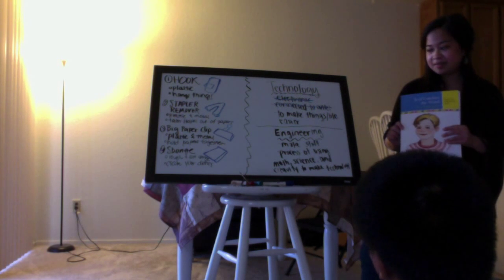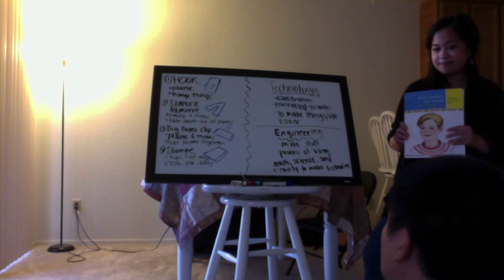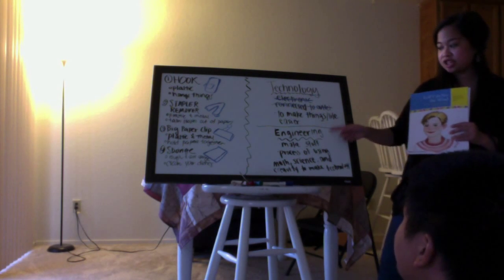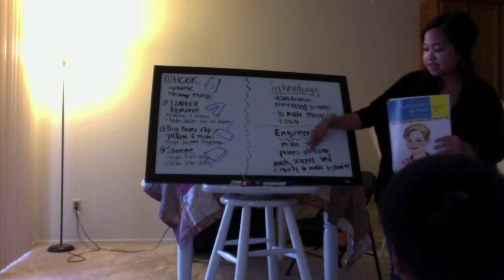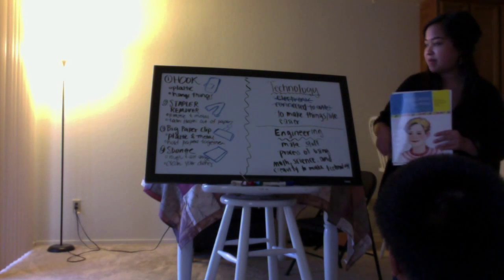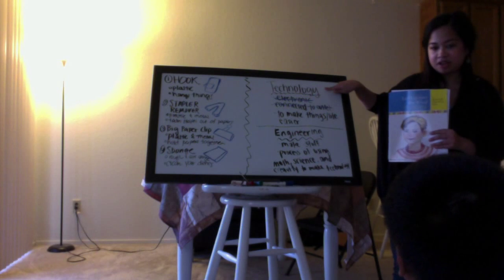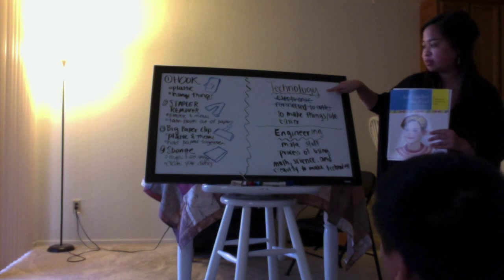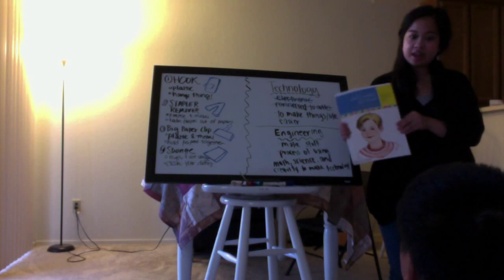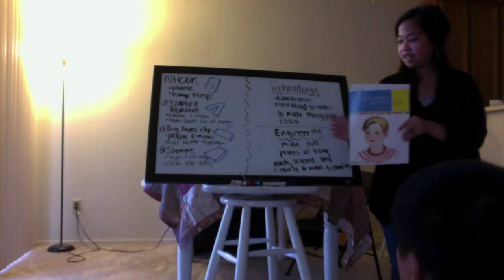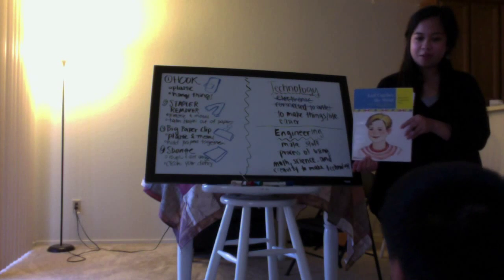Using math, science, and creativity to make technology. He used the process of math, science, and creativity to create some sort of technology to solve that problem. We're going to find out tomorrow what that problem is and what he engineered to solve that problem in this community.